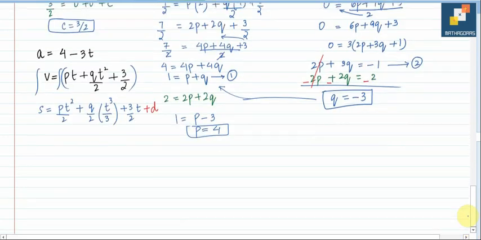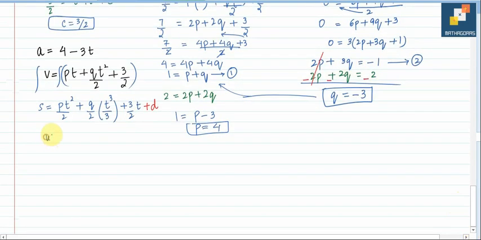Alright, now when t is 0, displacement is 0 as well, and we can get the value of d equals to 0.